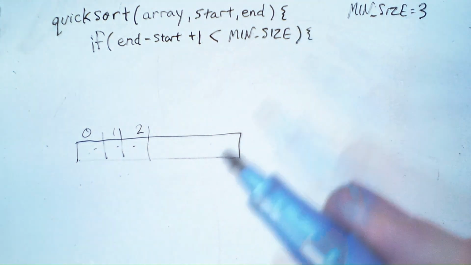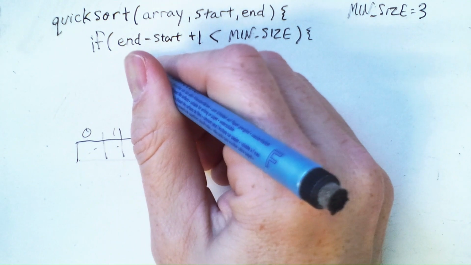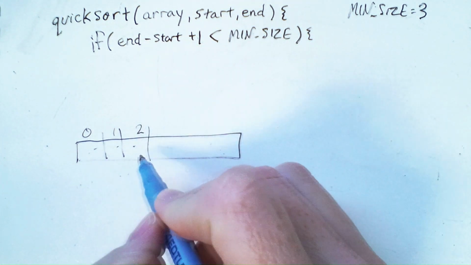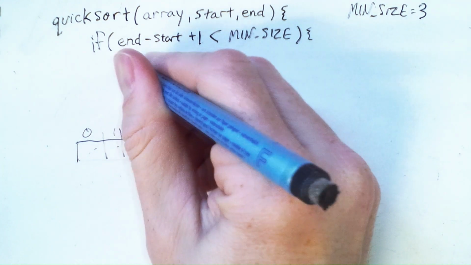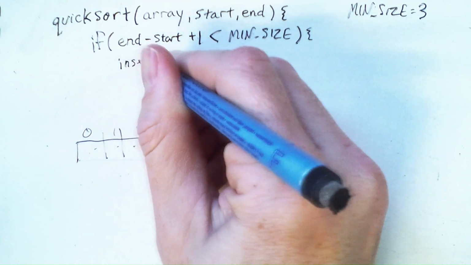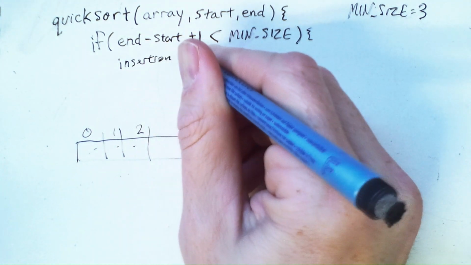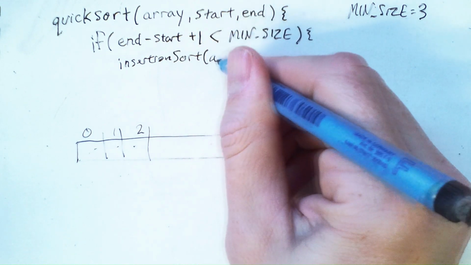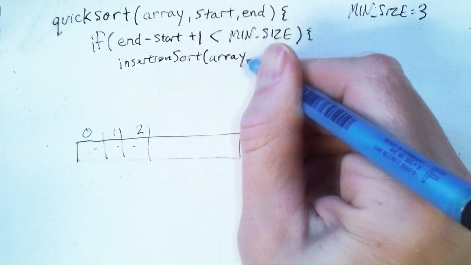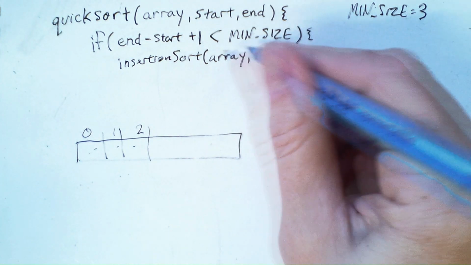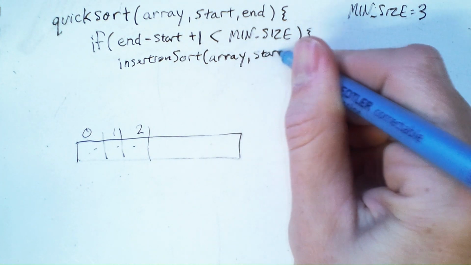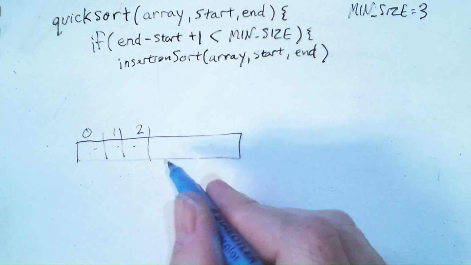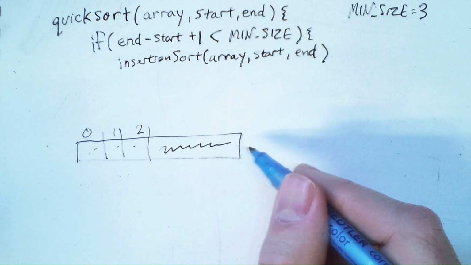Now, it is very important that you only do insertion sort on the elements from start to end. So that means we're assuming that there exists some version of insertion sort that takes the array, but also takes these parameters, start and end. And there could be all kinds of elements in that portion of the array.